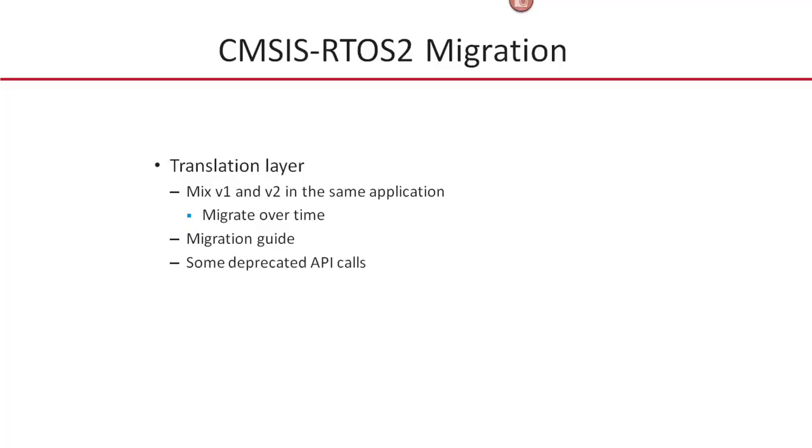Currently there is a translation layer that's provided so that we can mix version 1 and version 2 API calls and then migrate your code over time. And there is a migration guide and a list of deprecated API calls that's provided within the CMSIS-RTOS2 documentation as well. So while this is necessary work, it should be a fairly easy translation to do.